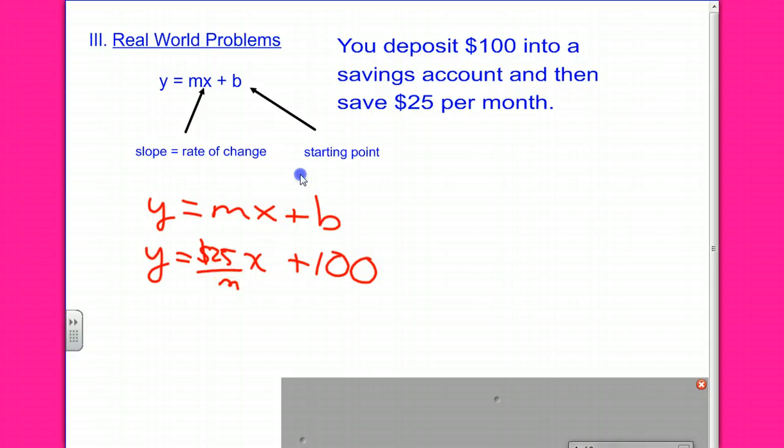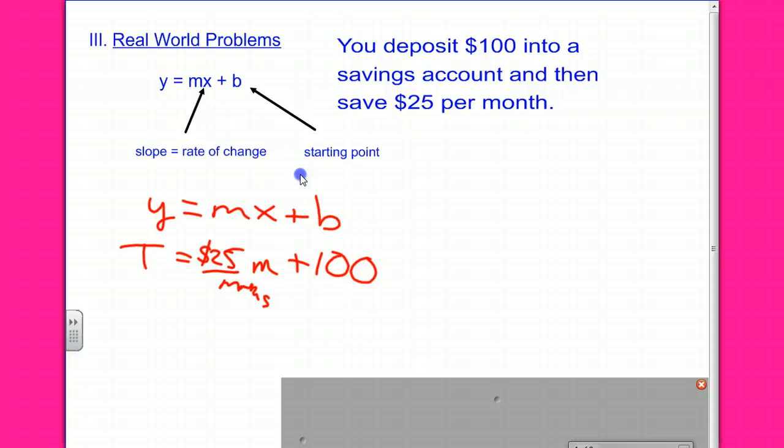So if I was making this equation as a real world example, I might not even use x and y. I might use, since these are months down here, right? I might use m and like total. What total do I have after m months of saving, right?